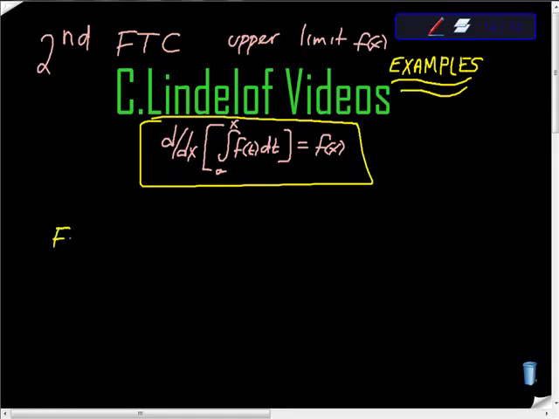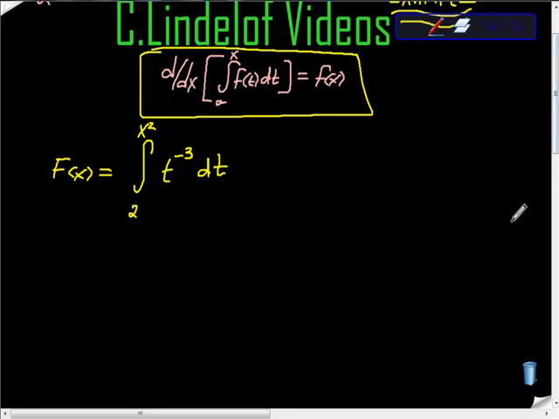Start out, we say our function is strange because our function is actually a definite integral from 2 to x squared of t to the negative 3 dt. And this is what makes it a little bit more tricky. If it was just x, we could just put in f of x. But here we have to do something a little bit different. So the two things that we're going to have to remember to do here are these.